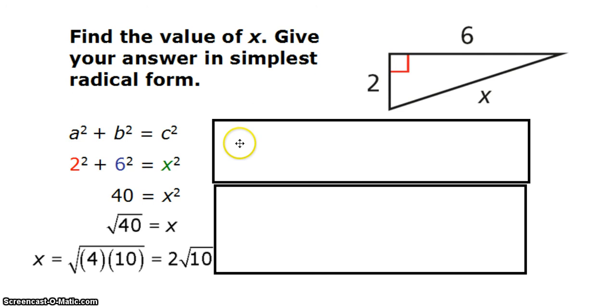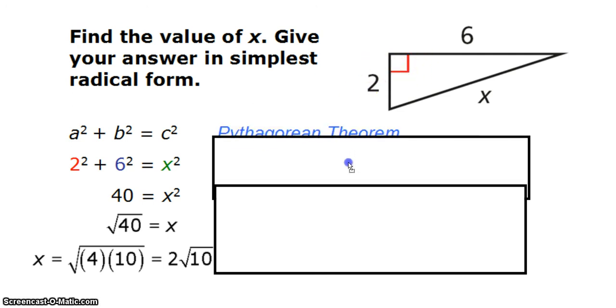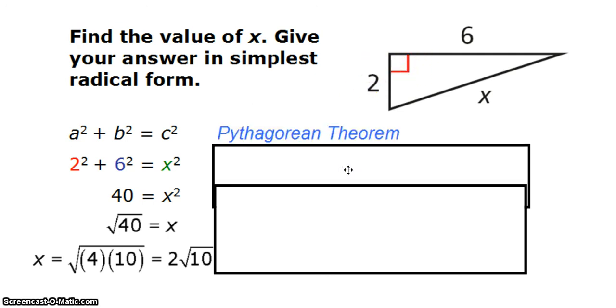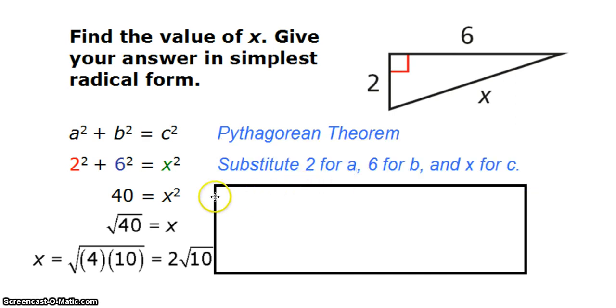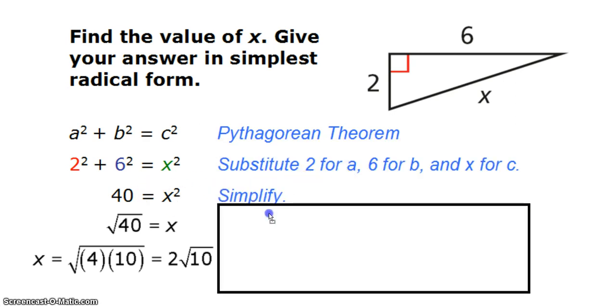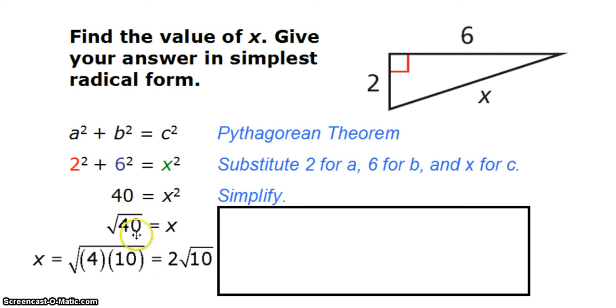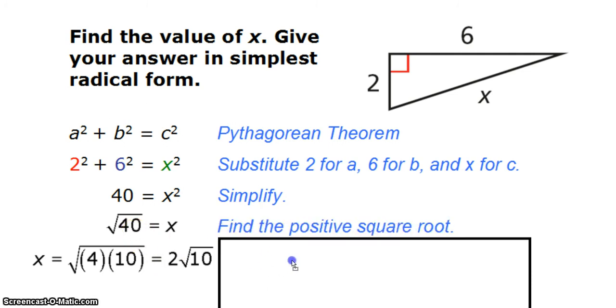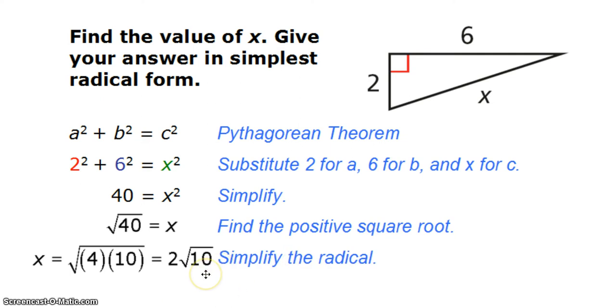The reasoning is, of course, that we have a right angle, so we have a right triangle, therefore we may use the Pythagorean theorem, and then we just substituted, right? And then we simplified, and we used our inverse operation here. We used taking the square root, finding the positive root, and simplifying the radical.